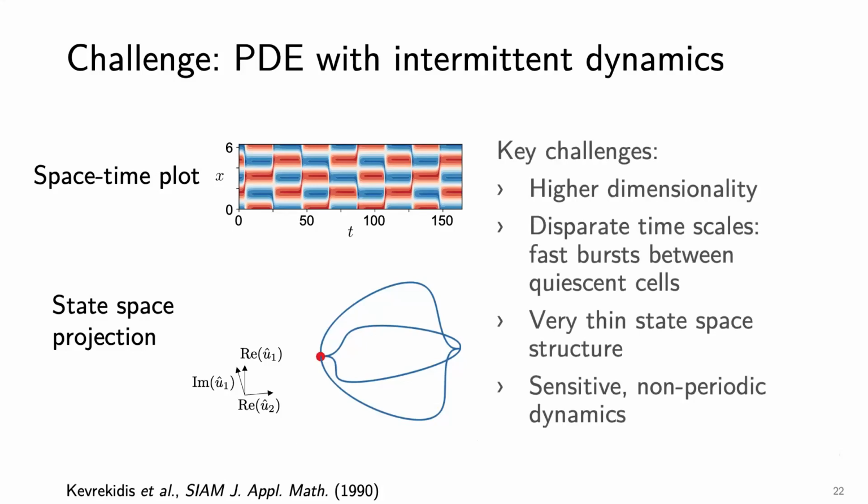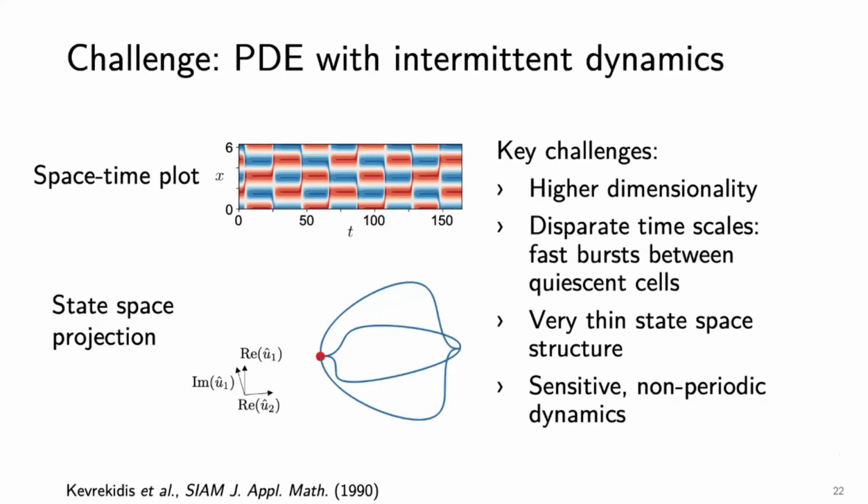And so the key challenges in this example are that it's very high dimensional, or at least mildly high dimensional. In this case, we used 64 Fourier modes to numerically solve this PDE. It has disparate time scales, so these fast bursts between quiescent periods. And it has a very thin state space structure.